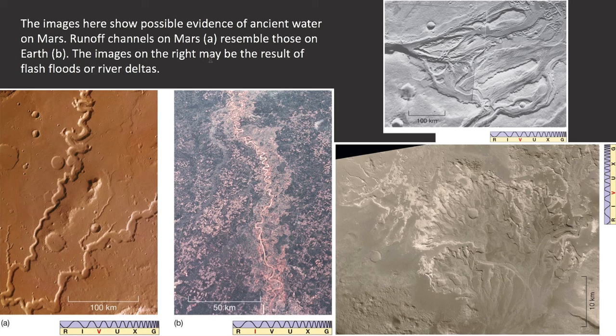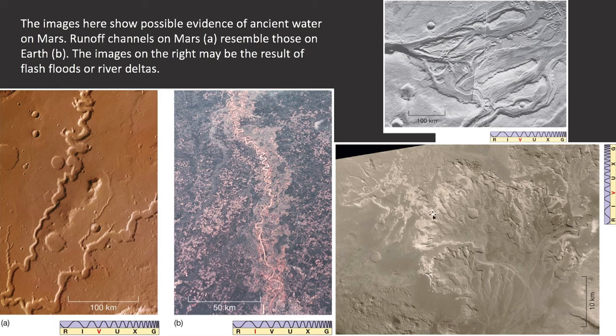Okay, so here's a few more pictures of evidence that looks like water. Now, this picture here is on the Earth. This is a picture of the surface of Mars, and the similarities are obvious. This is a runoff channel on the Earth. Maybe this was a runoff channel that's now dried up on Mars. This looks like the result of a flood.